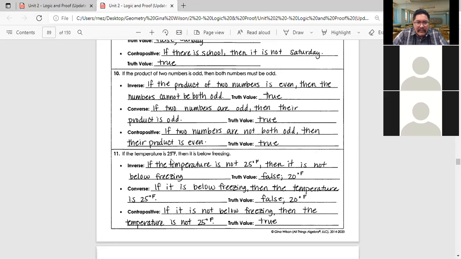Okay, let's see. If the temperature is 25 degrees Fahrenheit, then it is below freezing. Now in this case, I probably have to look this up because I don't know the difference between Fahrenheit and Celsius. All I know is that Celsius is generally hotter at the same number. So if I had 100 degrees Fahrenheit, that would be kind of hot.